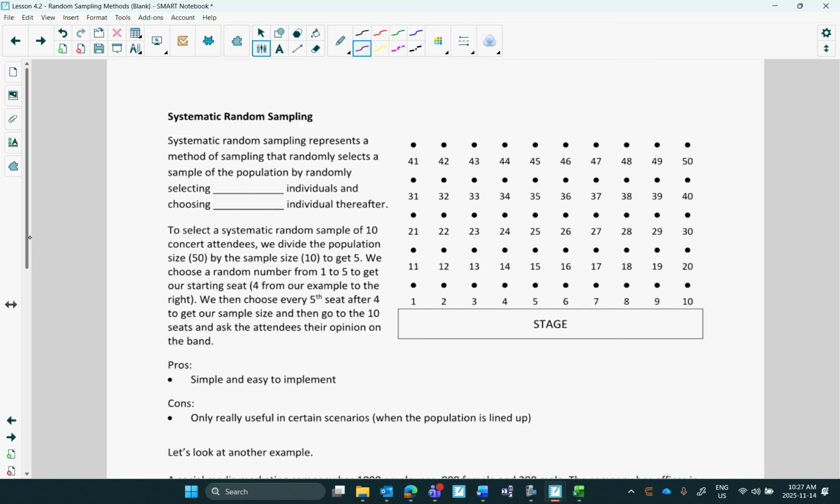This is where you randomly select every nth person in the group until you get your sample size. So how do you figure that out?